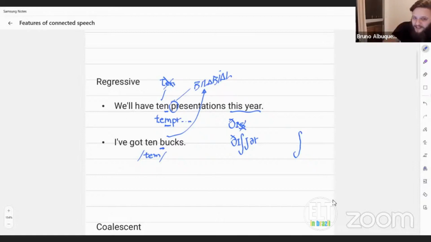We're already thinking of the next sound when producing the first sound. It's insane. Pronunciation is beautiful. Yeah, and I think this is one of those things, we actually talked about this before.